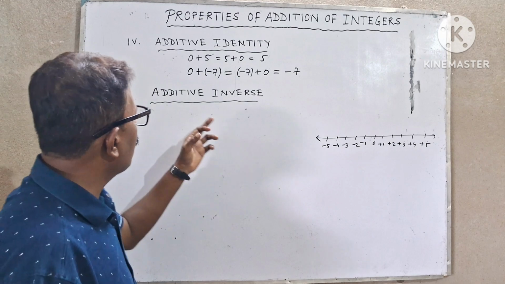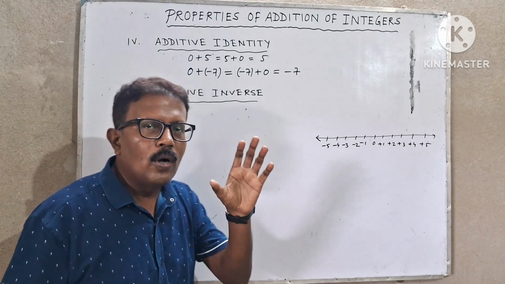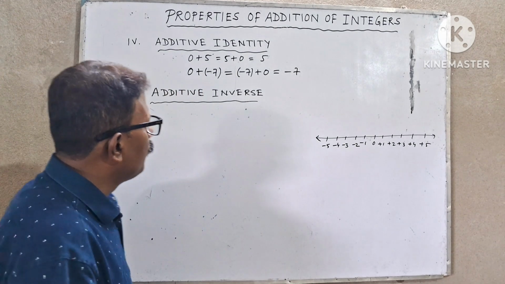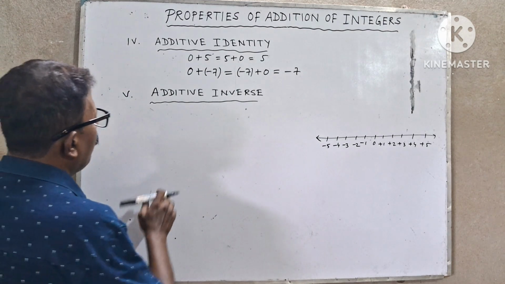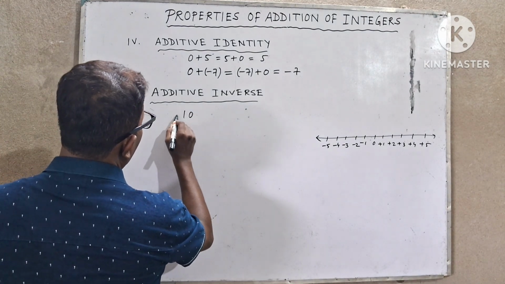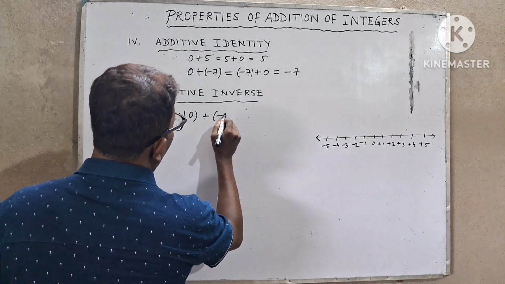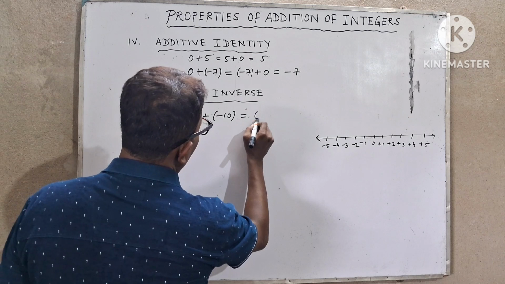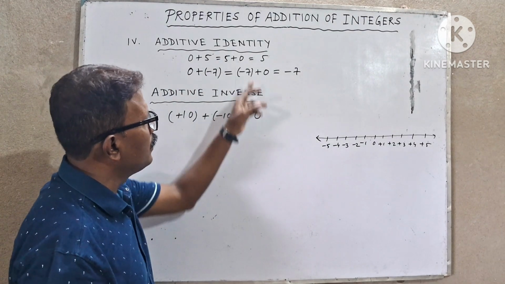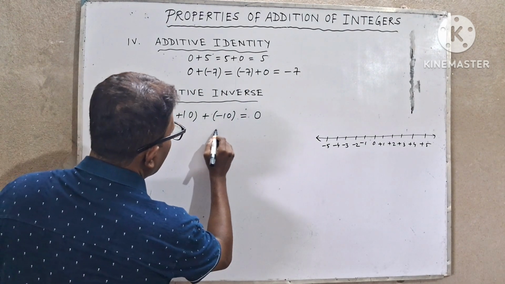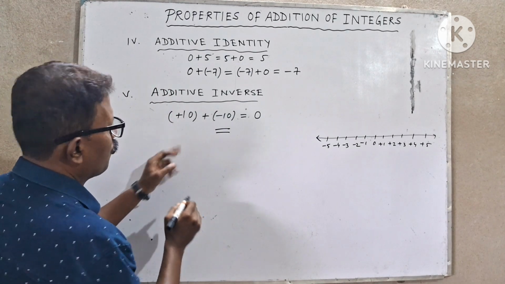Now come to the last point, that is additive inverse. What is the additive inverse? Let us take a number, plus 10. Now plus 10, when added with minus 10, will give 0. That is the additive identity. So minus 10 is the additive inverse of plus 10.